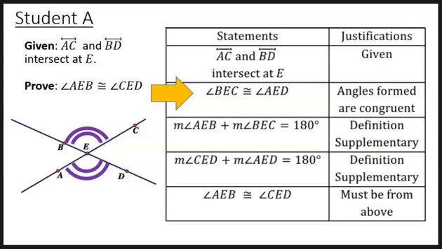What they listed for the statement is that the 2 angles are congruent, and what they listed for the justification is that the 2 angles are congruent. This is not a logical justification. The other problem with this statement is that it is not necessary. We do not need to figure out if these 2 angles are congruent to prove that angle AEB and angle CED are congruent.